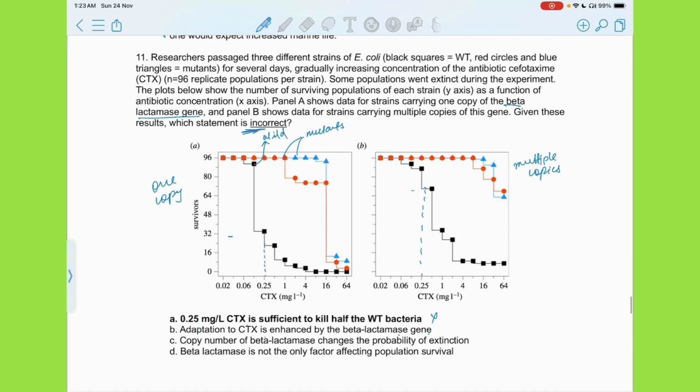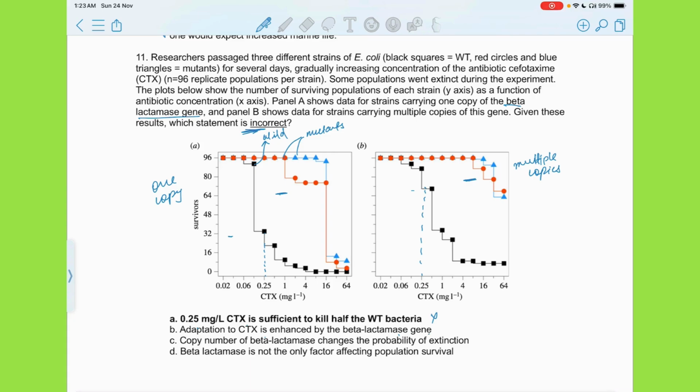Not the mutant of the beta lactamase, I'm sorry, but those with multiple copies of the beta lactamase gene are showing better survival than those with one copy. Copy number of the beta lactamase changes the probability of extinction. Yes, supporting the statement of option B. Beta lactamase is not the only factor affecting the population survival.